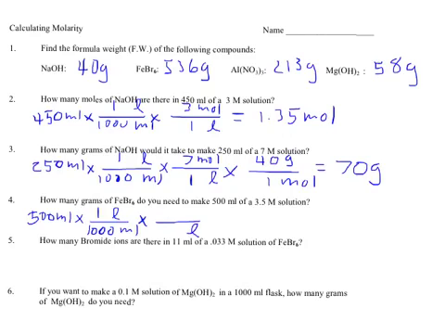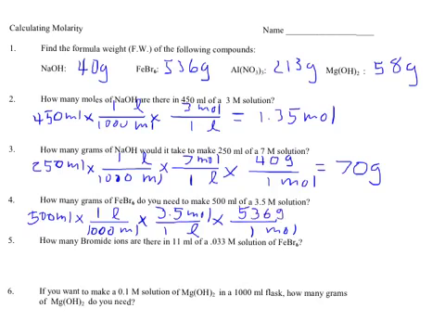Big M is telling me there are 3.5 moles of FeBr6 in every liter. So 1 liter equals 3.5 moles. I don't want moles, so I put moles in the basement. 1 mole of FeBr6 equals, remember that whopping 536 grams.